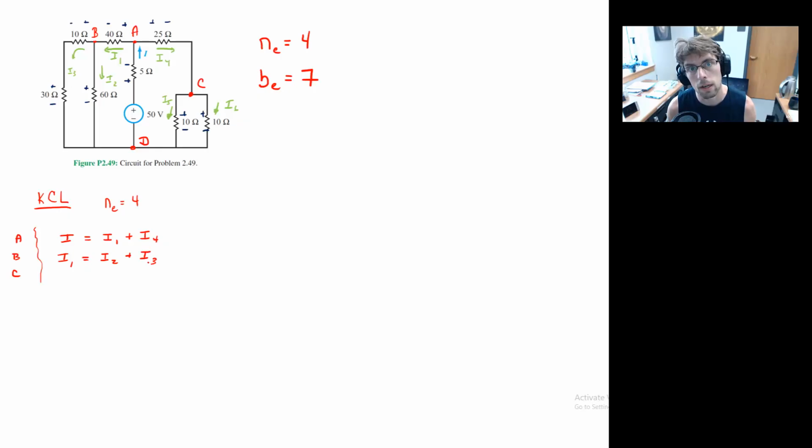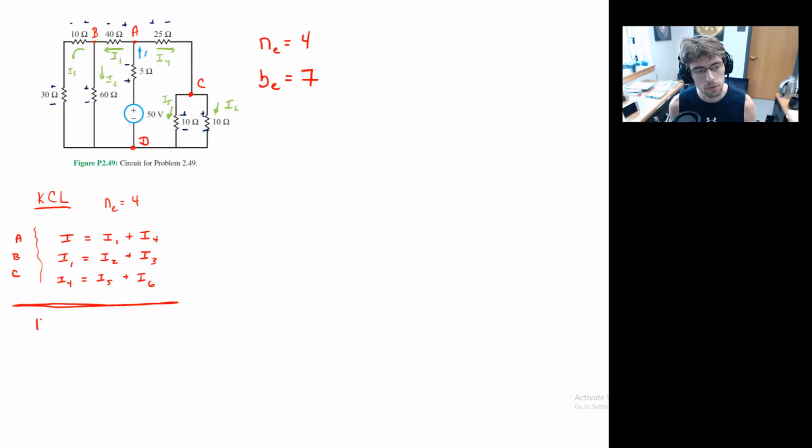Last one, I chose node C, where I have I4 going in, and I have I5 and I6 going out. There we go. So we have 3 of our 7 equations.